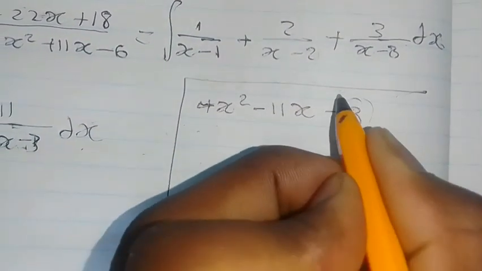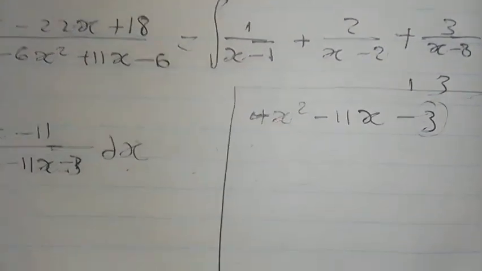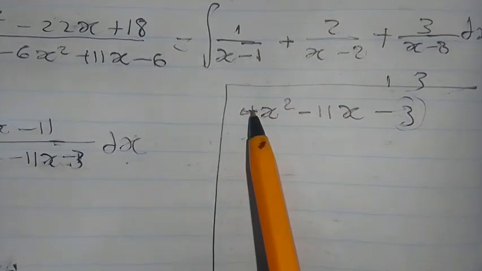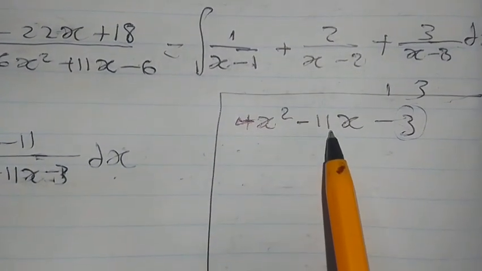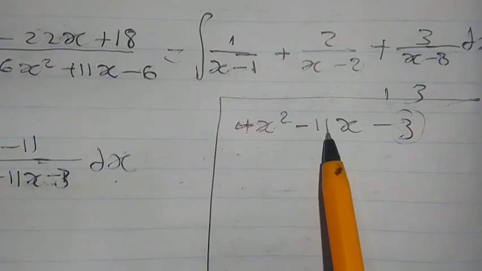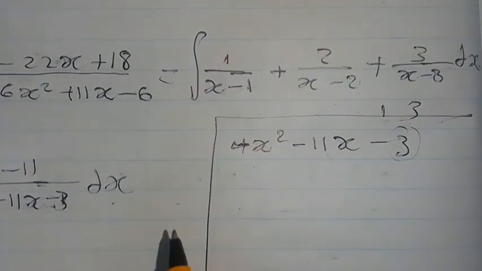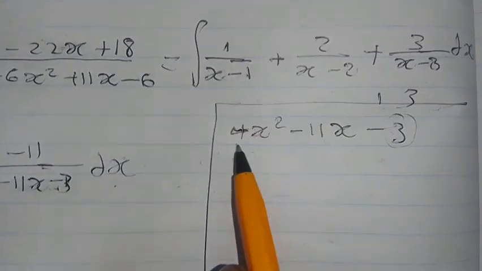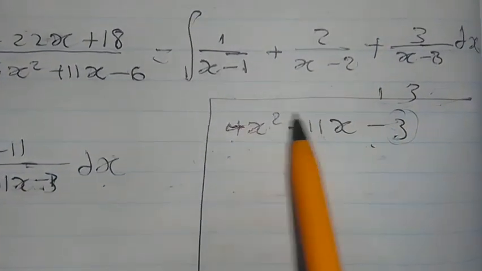The factors of 3 are just 1 and 3, there are no other factors. Now if you plug in 1 here, we have 4 minus 11, which is minus 7, minus 3, and that doesn't give us what we want. The same for minus 1, we won't get 0.